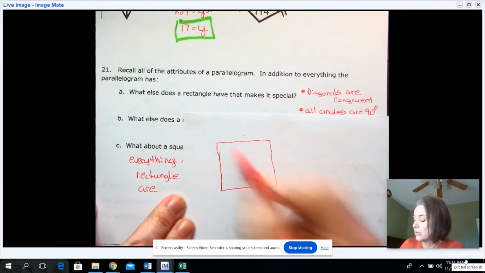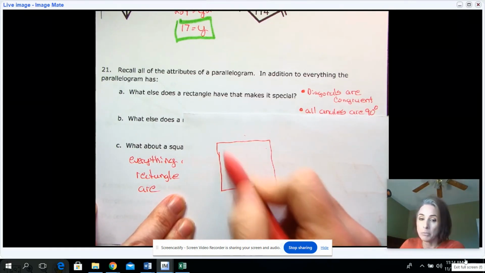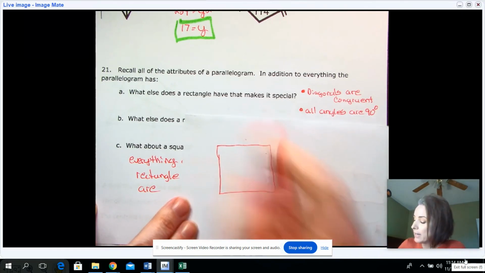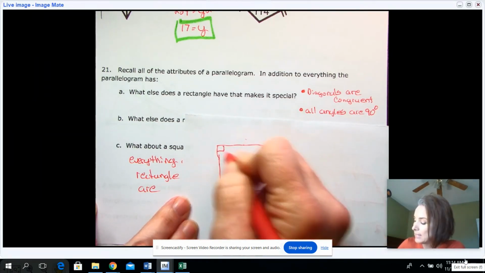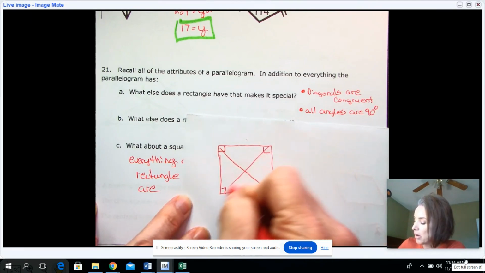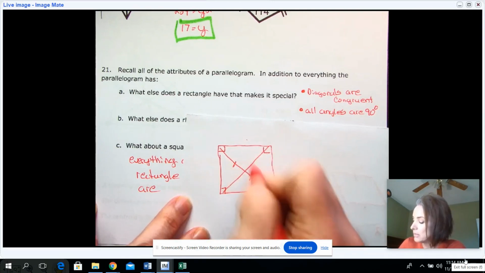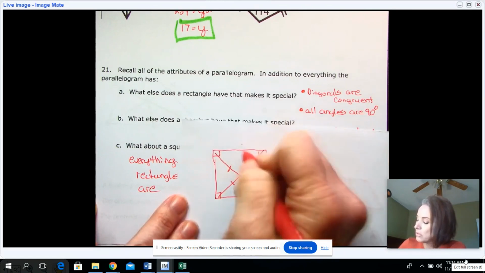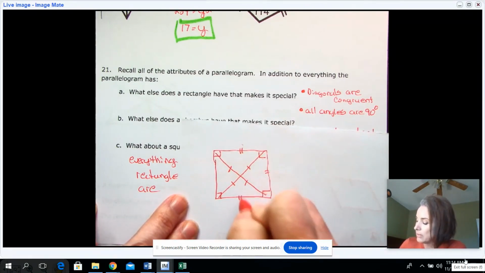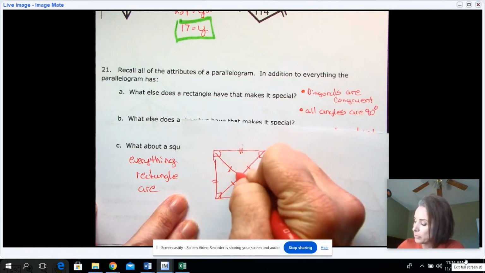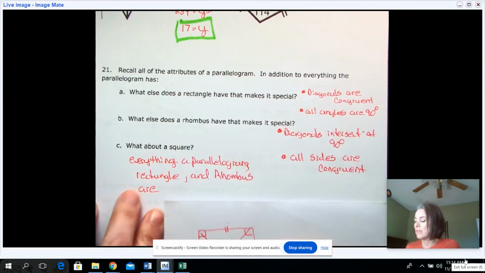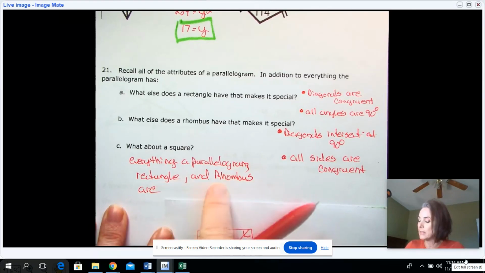Opposite angles are congruent. Consecutive angles are supplementary, and the diagonals bisect each other. But in addition to that, like a rectangle, all of the angles are 90 degrees, and the diagonals are congruent. So this is equal to this, is equal to this, is equal to this. And like a rhombus, all the sides are congruent, and the diagonals bisect at a 90-degree angle. So that's what's special about a square. It's everything a parallelogram is, a rectangle is, and a rhombus is.